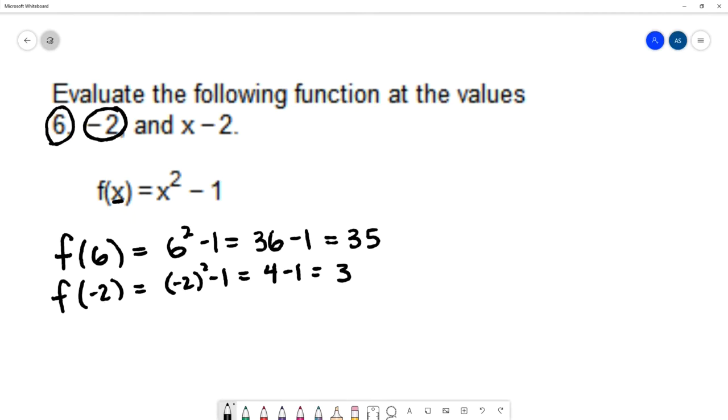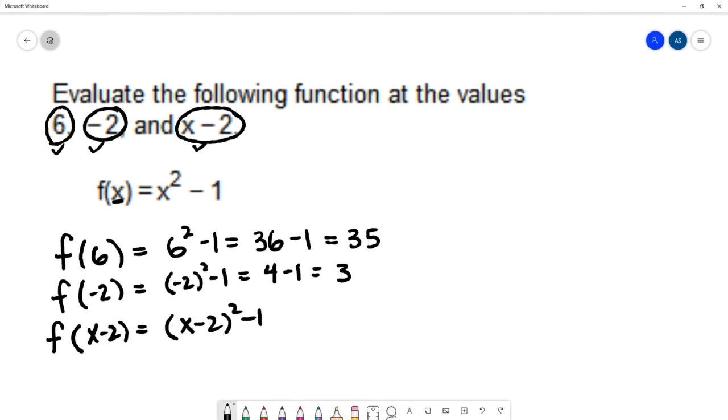And then finally, we want to evaluate at an expression instead of a number. So these are both numbers. This is an expression and it has a variable in it. So we're going to replace the x with x minus 2. And that looks like x minus 2 squared minus 1.